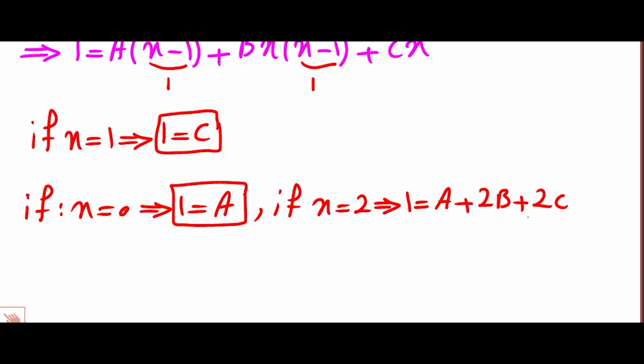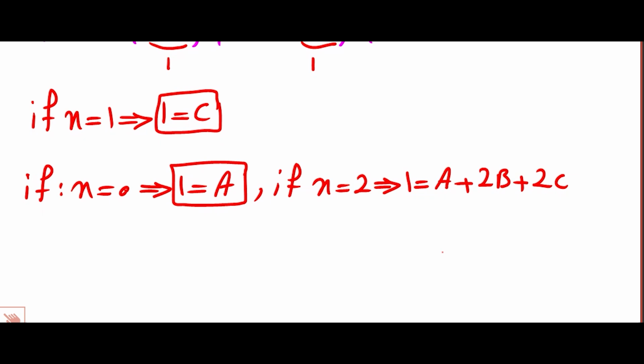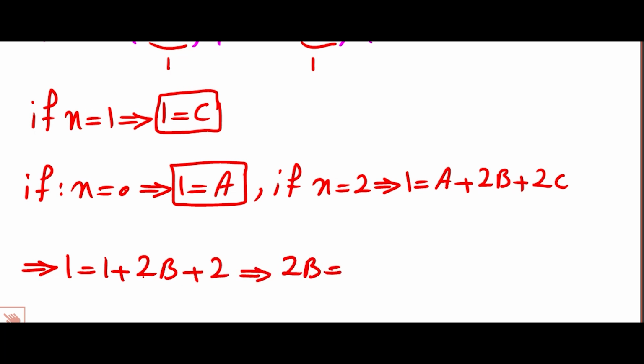And we know that a is 1 and c is 1, right? So 1 equals 1 plus 2b plus 2. So 2b equals negative 2. So b is negative 1.